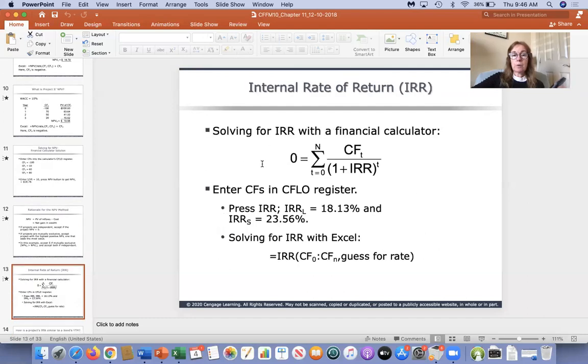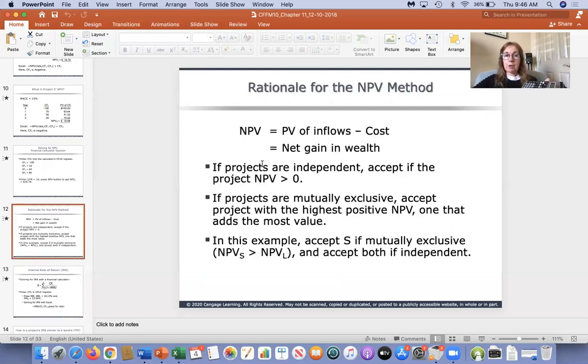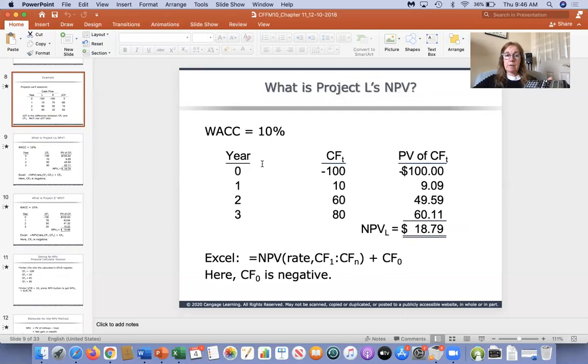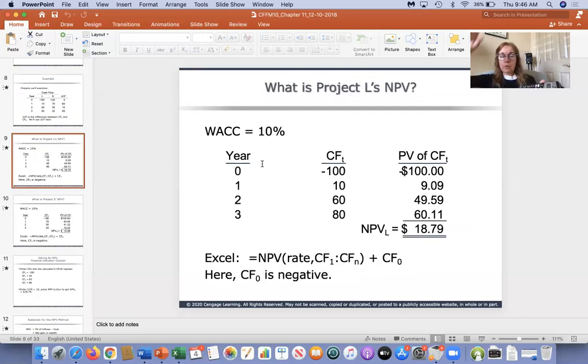Okay, now here's one of the problems with the NPV. Let me go back to this slide. As I mentioned, NPV, the net present value, is considered to be the strongest capital budgeting method. However, what if I asked you, well, what's the rate of return?